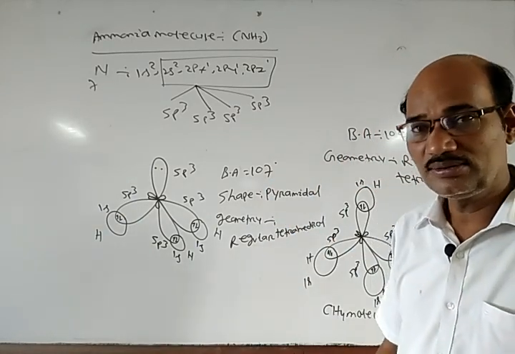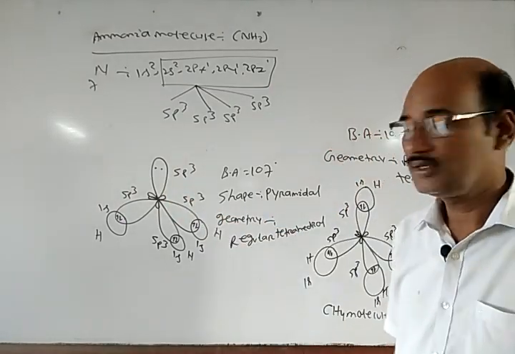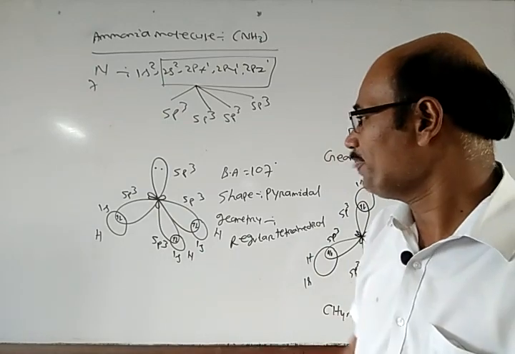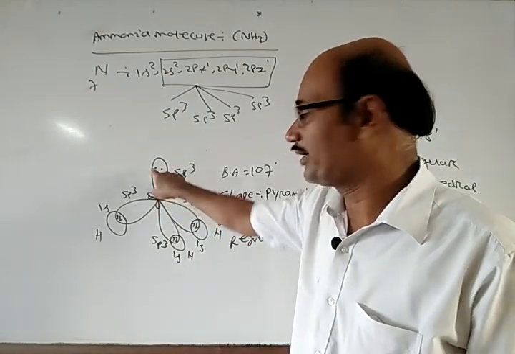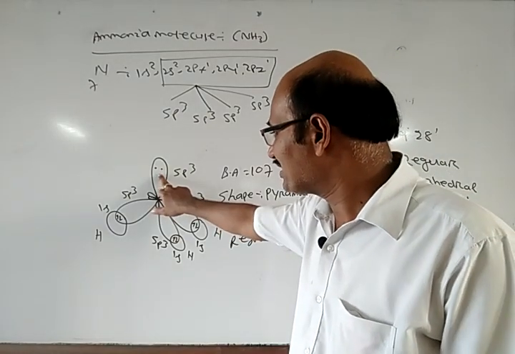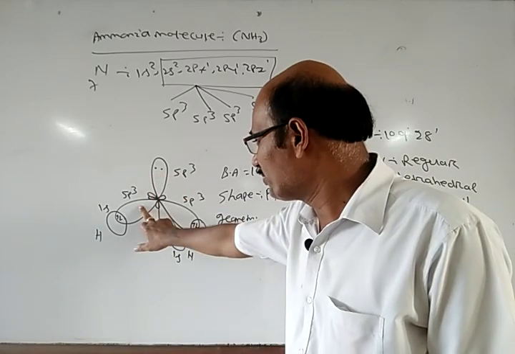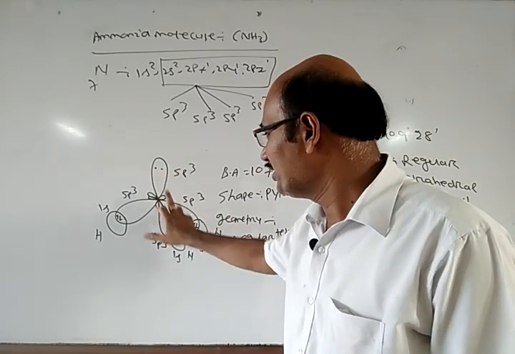This is because of what? If you compare methane and ammonia, in ammonia we have a lone pair of electrons, and due to this lone pair the repulsion becomes more. Lone pair-bond pair repulsion will occur.